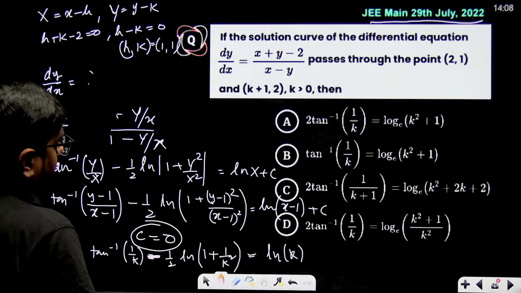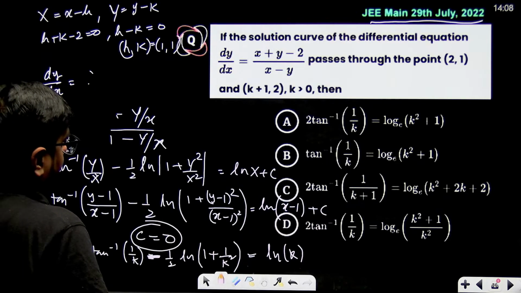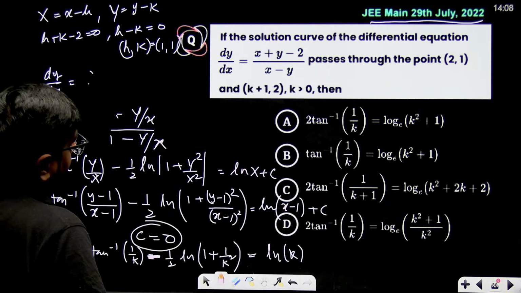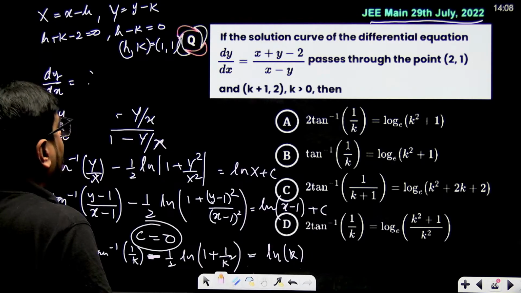C is 0. For k greater than 0, yes, ln of k, we have done it correctly.